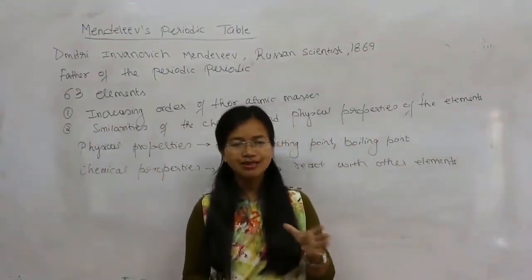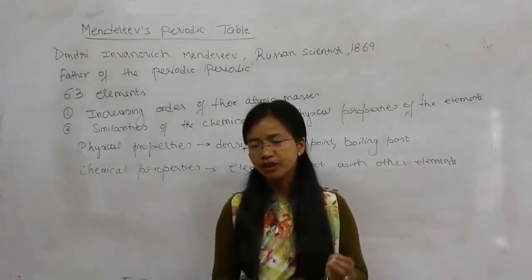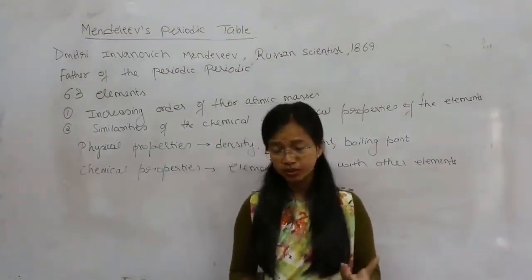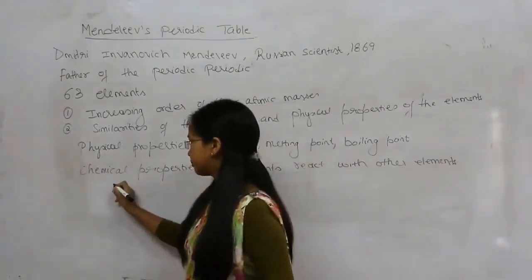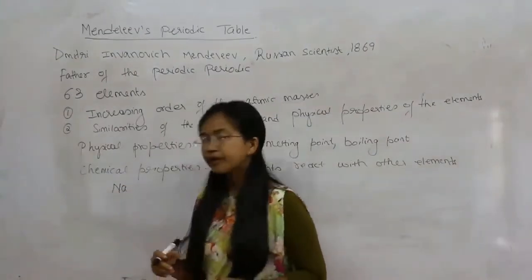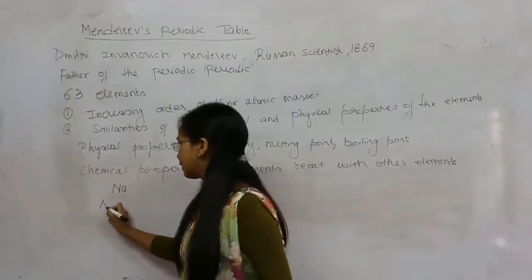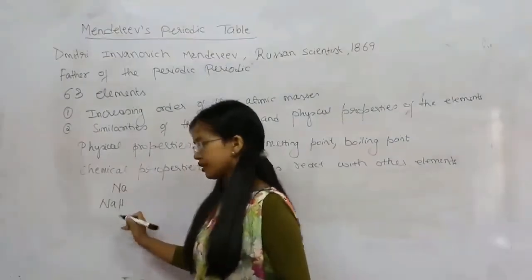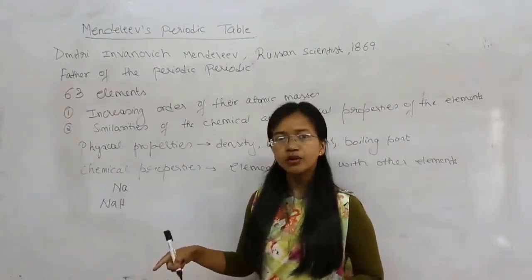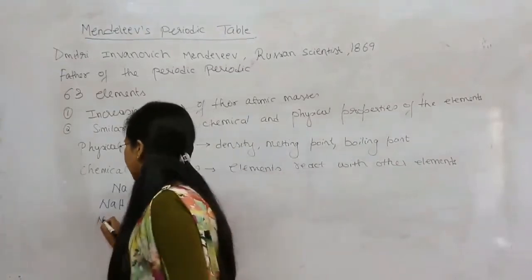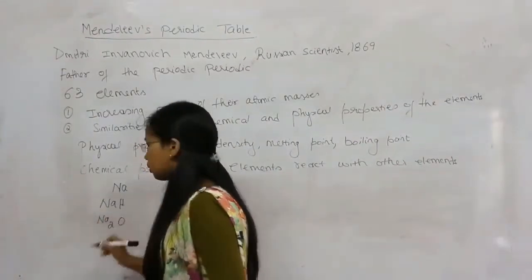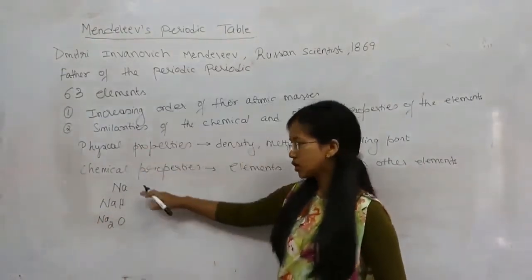Let's understand this with examples. Take the element sodium. If sodium reacts with hydrogen, we get NaH, and when it reacts with oxygen, we get Na2O.